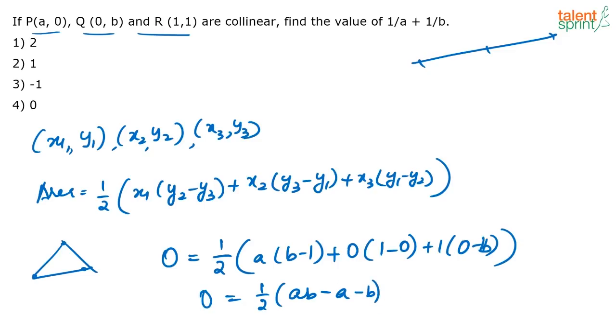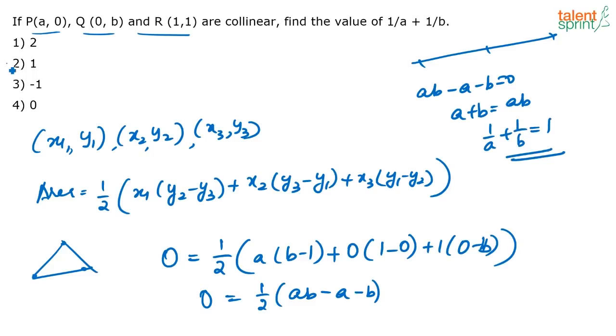This is equal to 0, so ab minus a minus b is equal to 0, or a plus b is equal to ab, or 1 by a plus 1 by b is equal to 1. So the answer here is option 2, that is 1.